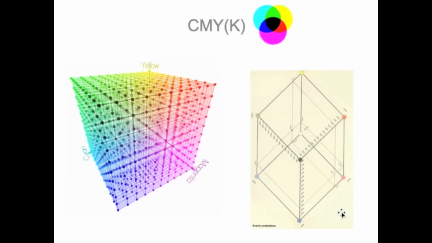CMYK can be configured within a cube having height, width, and depth. And you have a yellow component, you have a cyan component, and you have a magenta component. And colors exist anywhere within that space. As you can see, all the little dots represented here are positions within that color space. Each position is a different color.